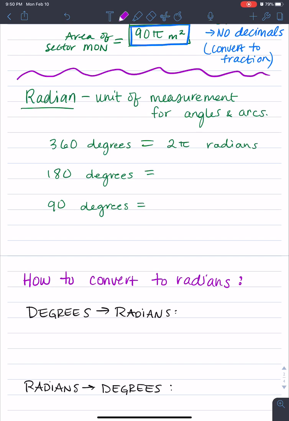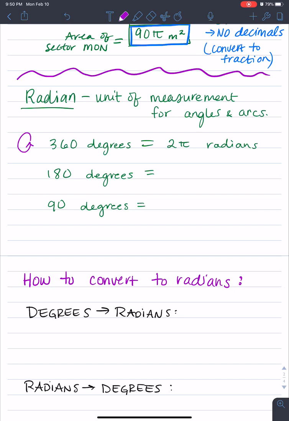So here are some conversions you need to know. We know all the way around a circle. So if I start there and go all the way around a circle, that is 360 degrees, right? Well, in radians, that's the same thing as 2 pi. Wasn't that nice? They made it super convenient. 2 pi.